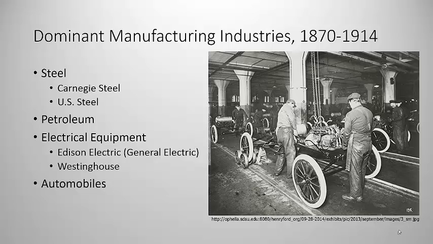The big prize was Niagara Falls. Which of these companies, Edison direct current or Westinghouse alternating current, would get to use the iconic Niagara Falls to generate electricity, to build a powerhouse there that could be used to transmit electricity to local cities and ultimately to New York City itself?